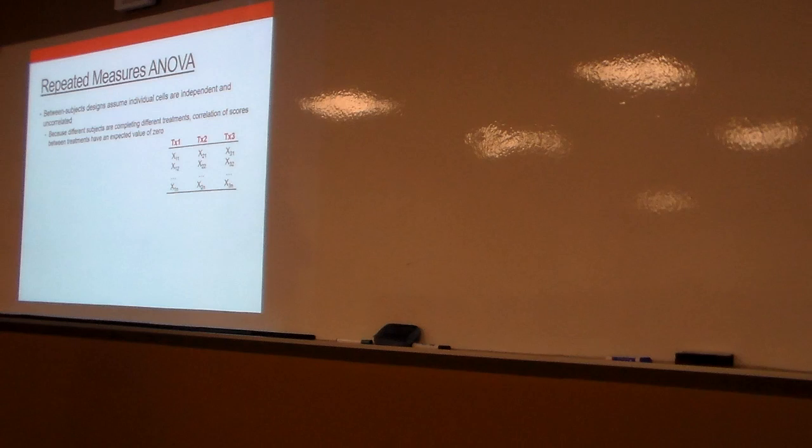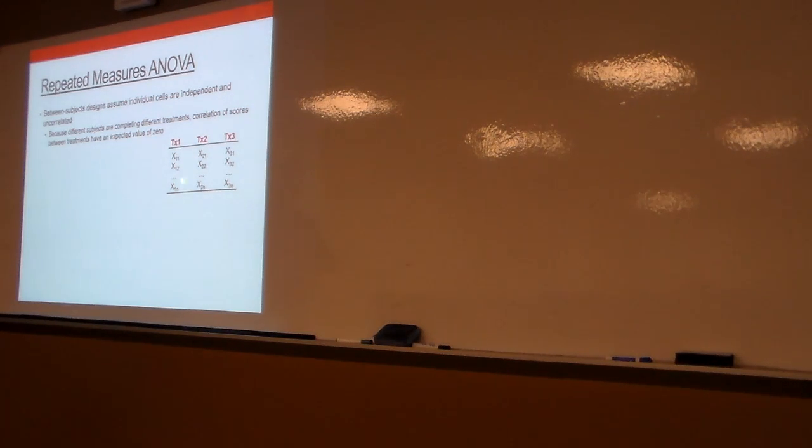Okay. So transitioning this over into our repeated measures ANOVA designs. If we're thinking about our between subjects ANOVA, right? We're saying that across treatment 1, treatment 2, treatment 3, you're running a study where you've got 3 different conditions that you randomize people to go through.